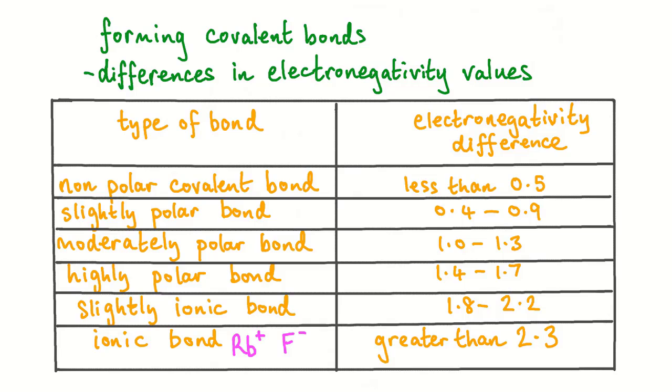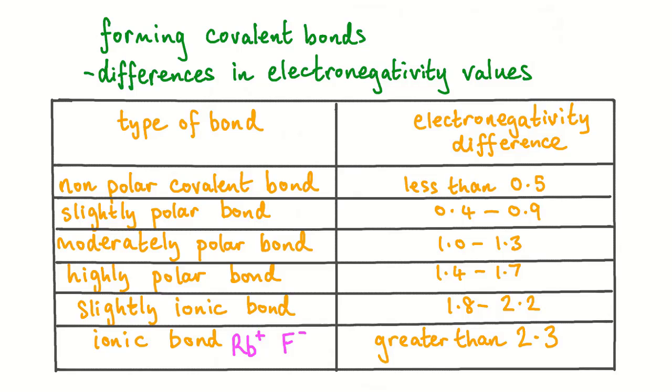We can see that if the difference in electronegativity of the two atoms bonded together lies at the extreme end, for example rubidium bonded to fluorine, then the bonding is not expected to be covalent at all. In this case, there is electron transfer between rubidium and fluorine, resulting in a fully ionic bond.